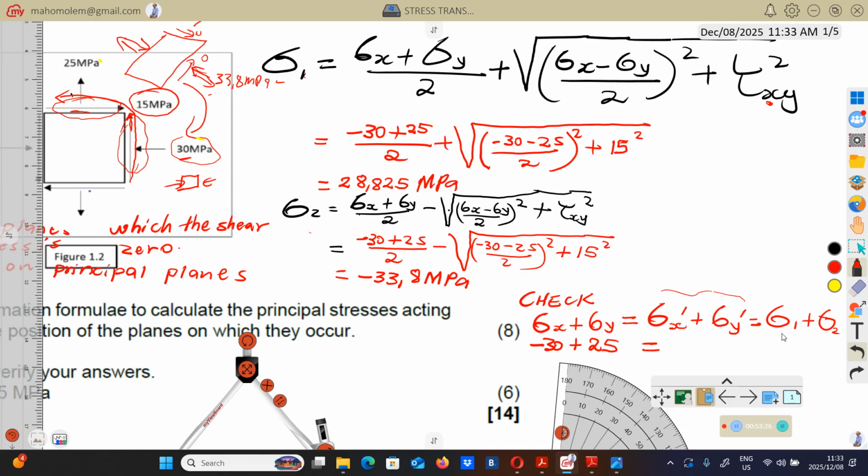Principal stress number 1 is 28 plus principal stress number 2, which is what we've just calculated, negative 33.8.